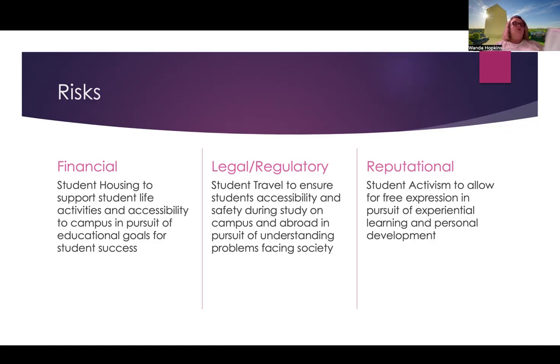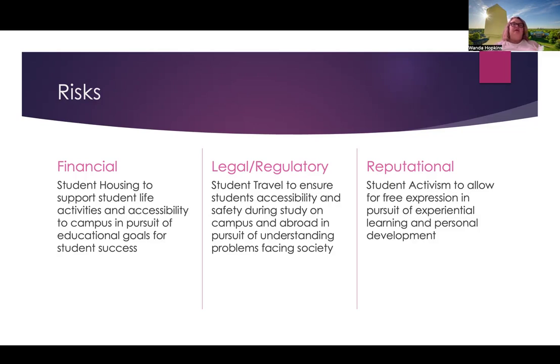Some control examples for that risk would be frequent communication with students via social media and internal communication systems, including a university position statement under the guidance of attorneys in the student handbook regarding student activism, and outlining clear expectations for student behavior during university-sponsored events.